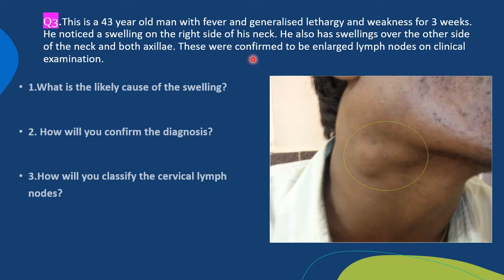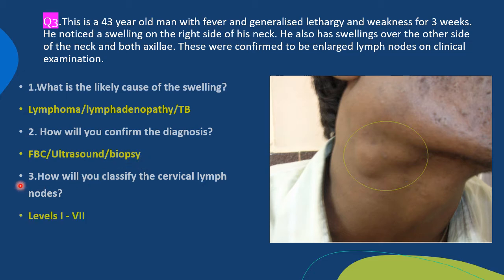These were confirmed to be enlarged lymph nodes on clinical examination. What is the likely cause of the swelling? Answer: lymphoma, lymphadenopathy, or TB lymphadenopathy. Question 2. How will you confirm the diagnosis? Full blood count, ultrasound scan, and excision biopsy of the lymph node.